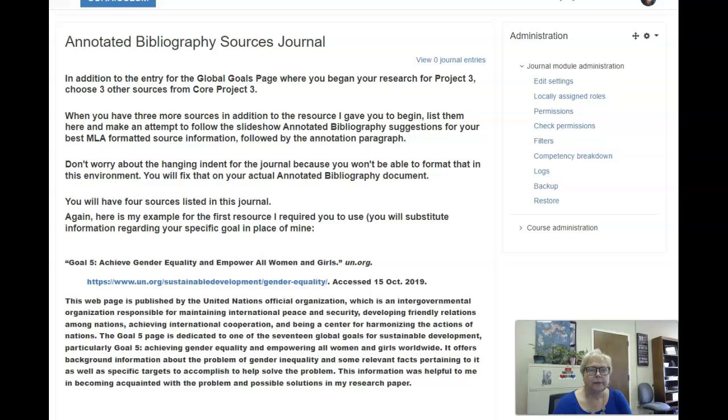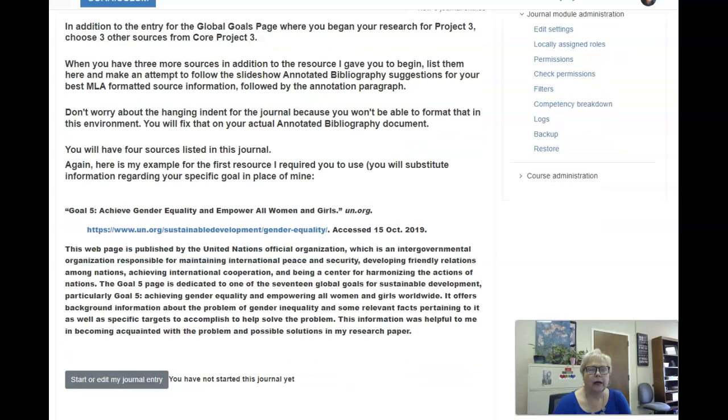And you want, in the journal, you will not be able to do the hanging indent because it doesn't allow you to do that. But again, here is my sample to show you.